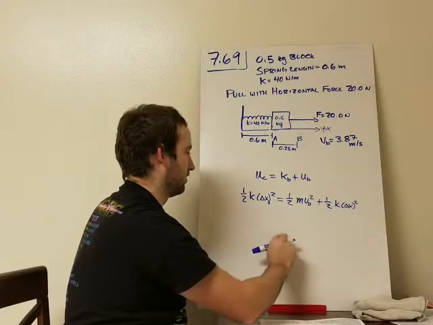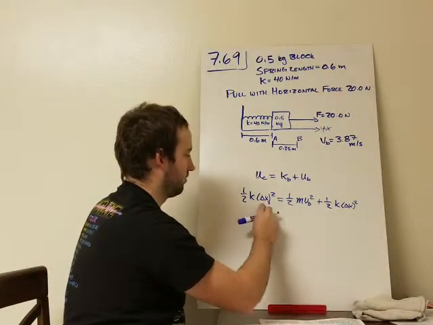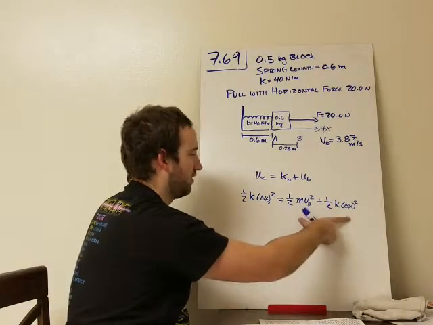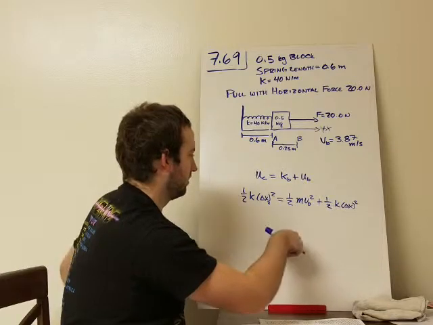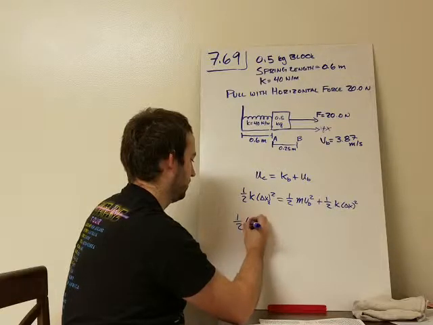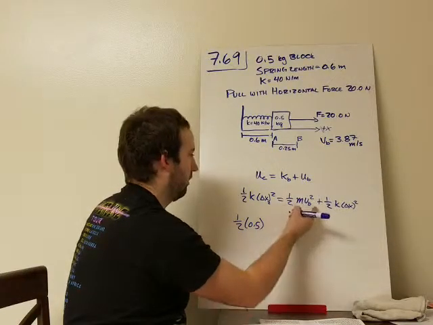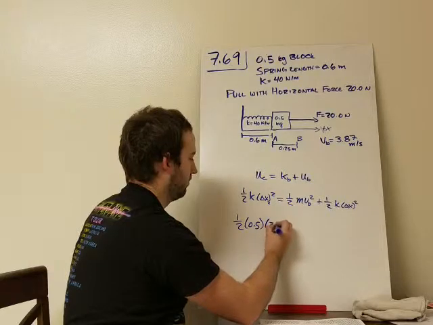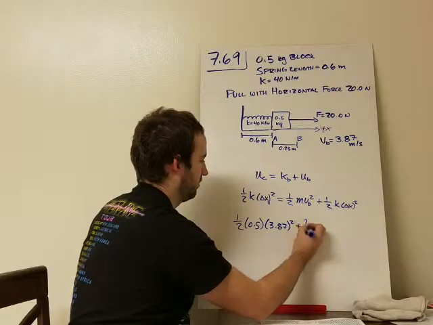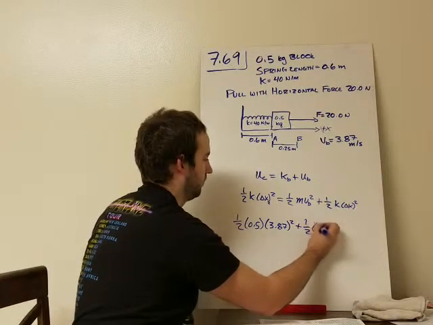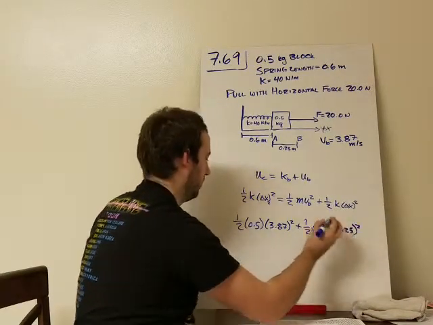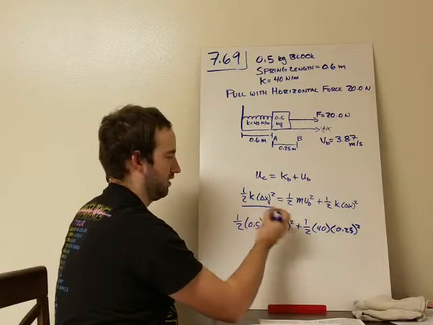Now we can solve. We know a lot of these things, but we're looking for this delta x right here. So let's solve out this side first to make it easier. We'll get 1/2 times the mass 0.5, times v B, which we know is 3.87, squared, plus 1/2 times 40 times 0.25 squared. And that is going to equal this side right here.